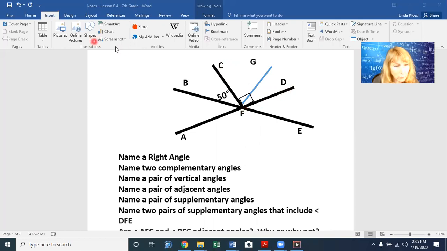And maybe I should draw that. Angle CFD. That is our right angle. So let's put that as our answer here. And I would like to use a different color to designate that.